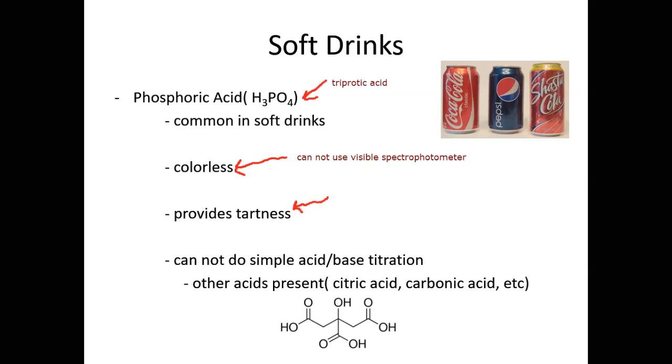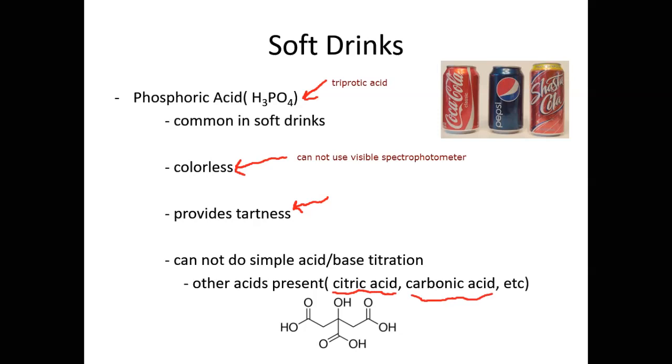Why can't we just do an acid-base titration to determine the amount of phosphoric acid in the drink? That's a good argument, but the problem is that in most sodas we have multiple acids in it. So citric acid, carbonic acid, these are acids commonly found in soft drinks.